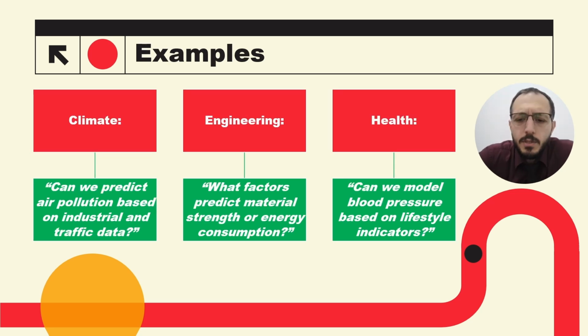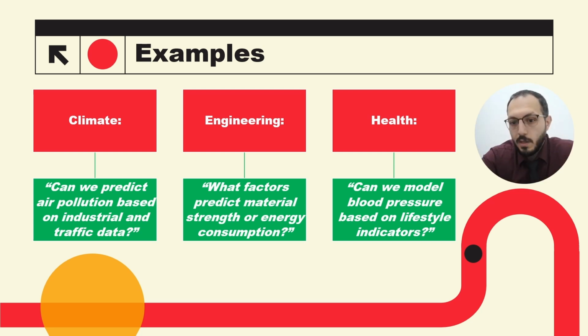So some examples of the topics you can use is, for climate, can we predict air pollution based on industrial and traffic data? You have a column of traffic data, you have industrial usage data, and then you can predict the air pollution level. That's one possibility. For engineering, what factors predict material strength or energy consumption?